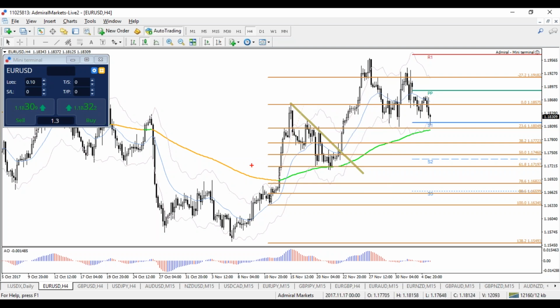So this was, in my view, wave 1, this was wave 2, wave 3, this could have been a wave 4. I was looking for a wave 5. I wasn't sure if that was going to be a wave 5, but if price was going to break above this resistance trend line, I thought that chance was pretty high.